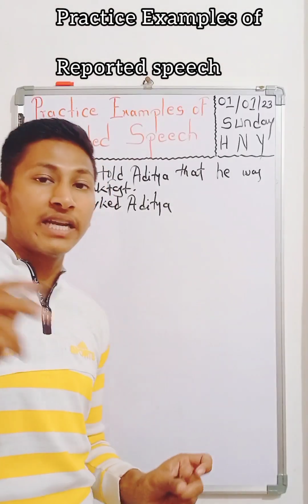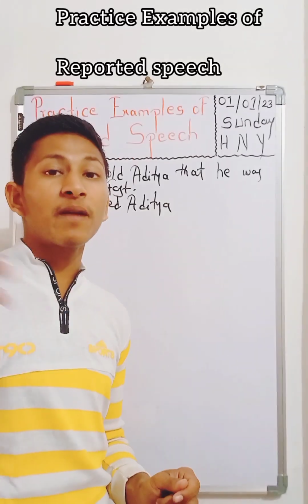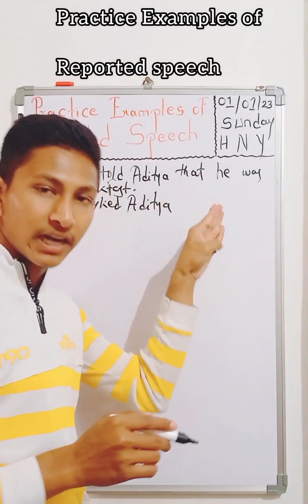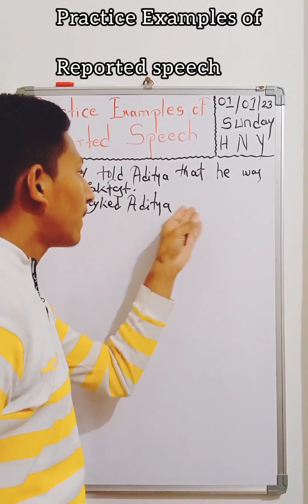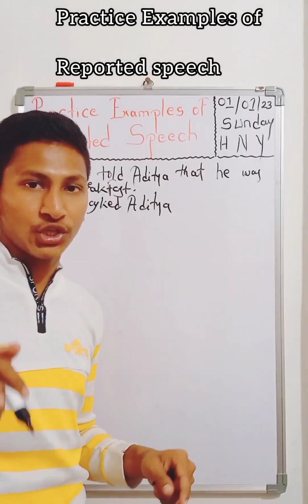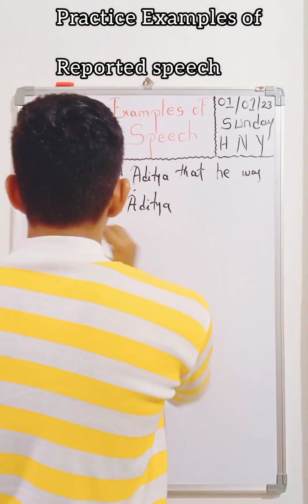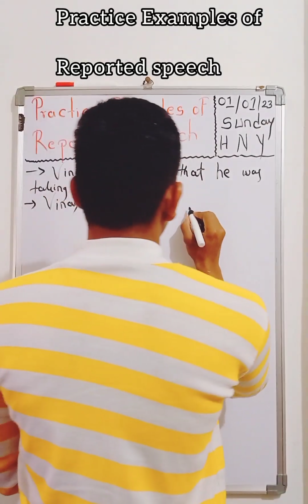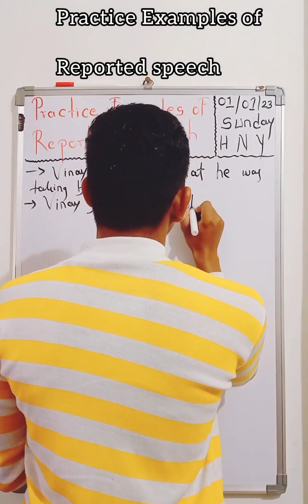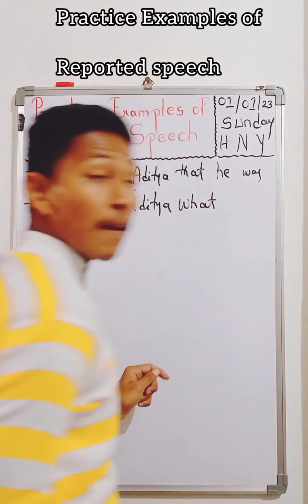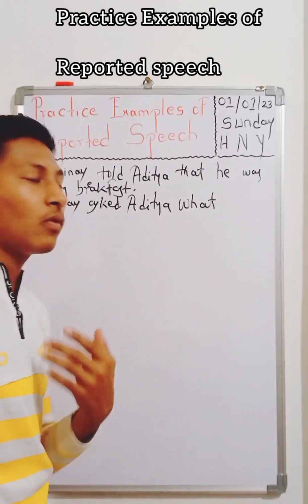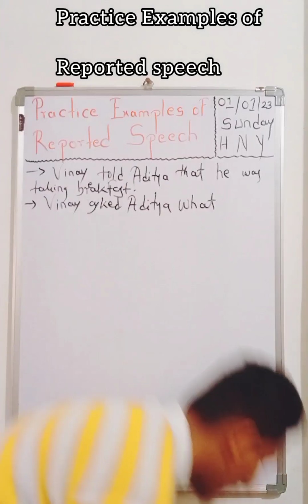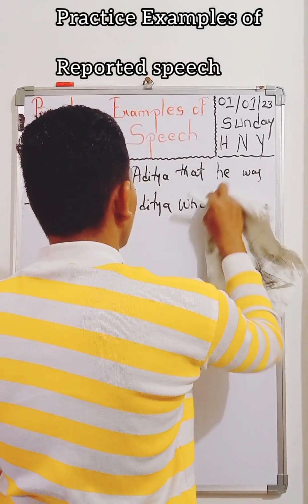WH interrogative means interrogative pronouns are already introduced in the question, and we have to adapt that and make it the conjunction. Okay, here Vinay asked Aditya, when you are returning from Delhi. So that I have to transform.